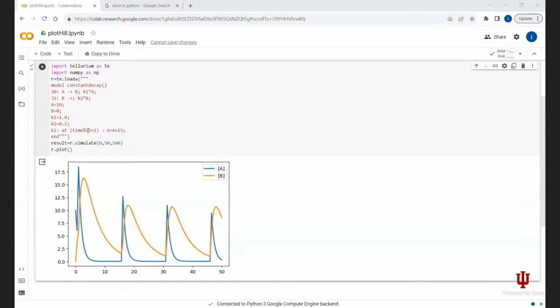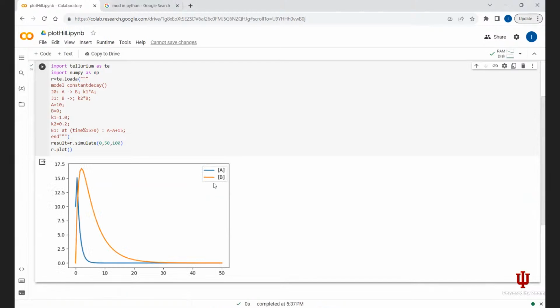So I'm doing just this, time mod greater than 1. And this is what you expect, right? But when I do 0, it just doesn't work. You have to set it equal to 0.